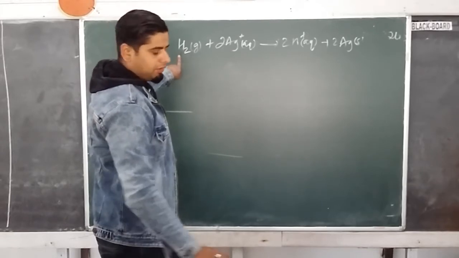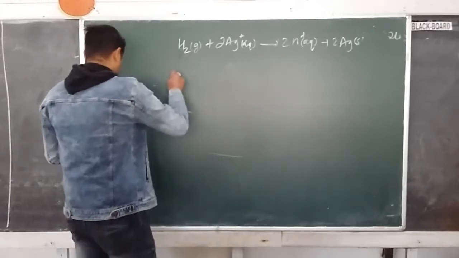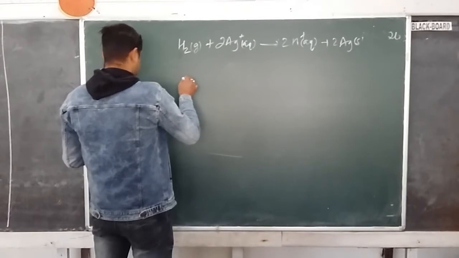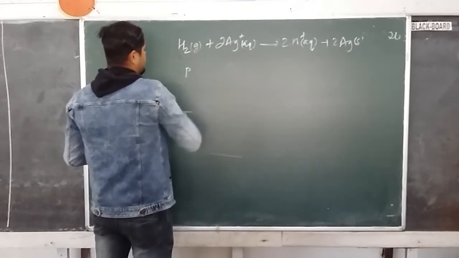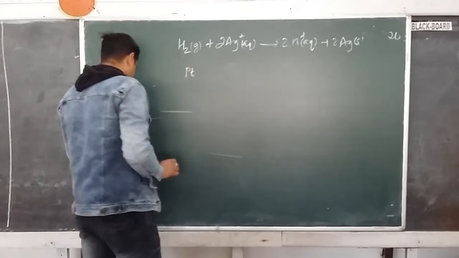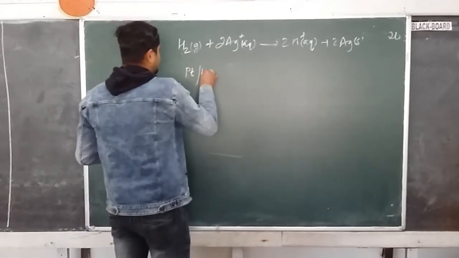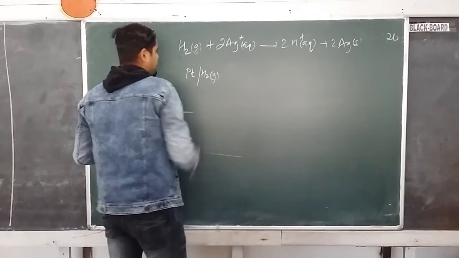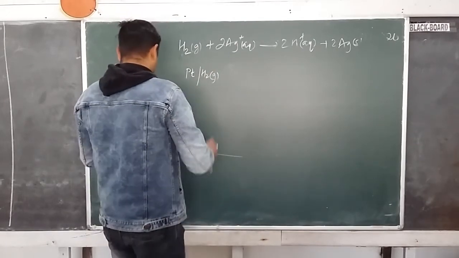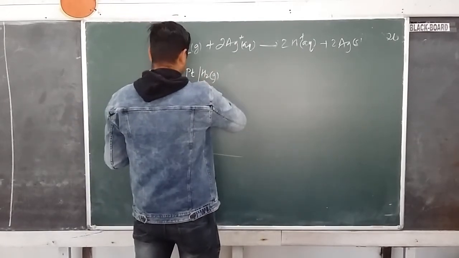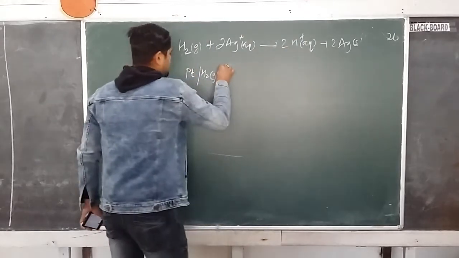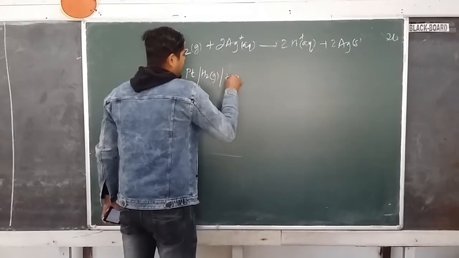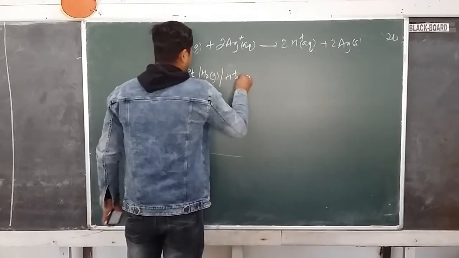Got it? Okay, I'll write it in a very simple way. So first you need to write what? The electrode. For this, obviously hydrogen is there, so the electrode would be platinum, for H2 gas. After that, since H2 gas is forming H plus ion, this is H plus aqueous now.